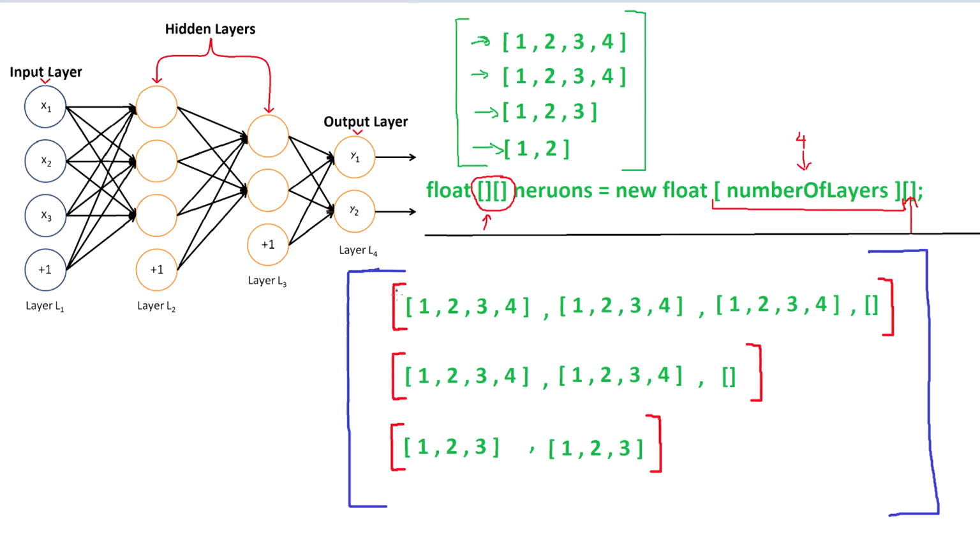You're probably wondering, why are there 3 layers in here instead of the previous 4 that are in the neuron matrix? Well, that's simple. That's because this is a weight list, and the input layer does not have any incoming weights. So what does this 1, 2, 3, and 4 represent? Well, this 1 represents this line, the 2 represents this line, the 3 represents this line, the 4 represents this line, okay?